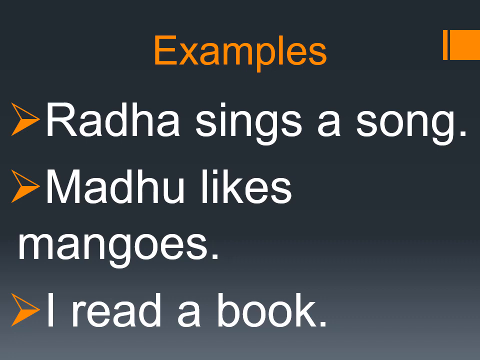When we get the answer of what or whom just after the verb, not before the verb, after the verb, there the verb has its object, otherwise verb does not have its object. So in the first sentence, Radha sings what? A song. Madhu likes what? Mangoes. I read what? A book.